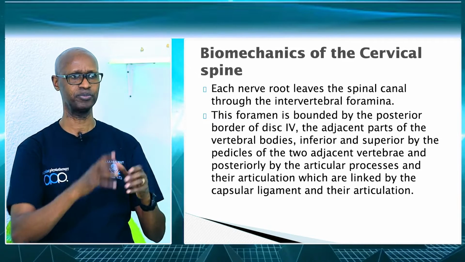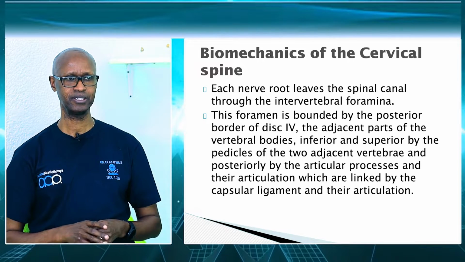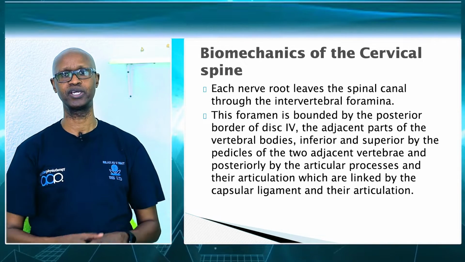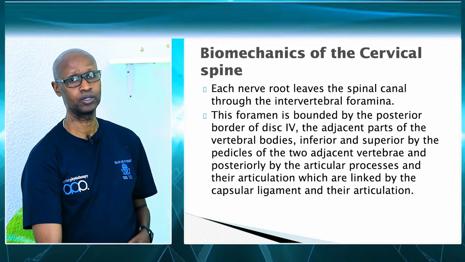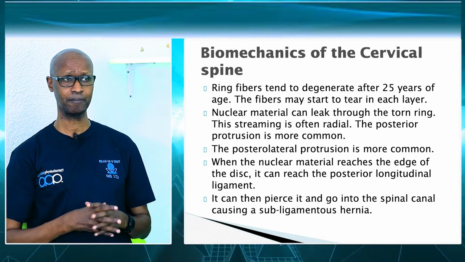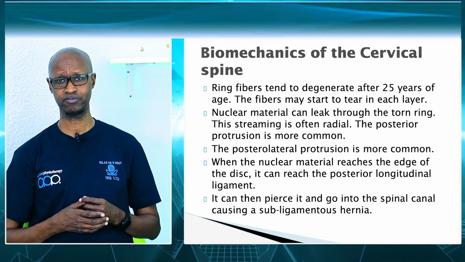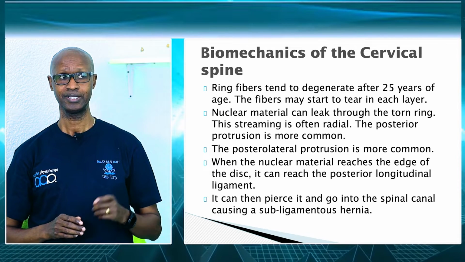These are the anatomy, which have capsular ligaments, and all that form together the joint and the movement at that level. So these ring fibers, after 25 years, the fibers around the annulus fibrosis, start to degenerate.